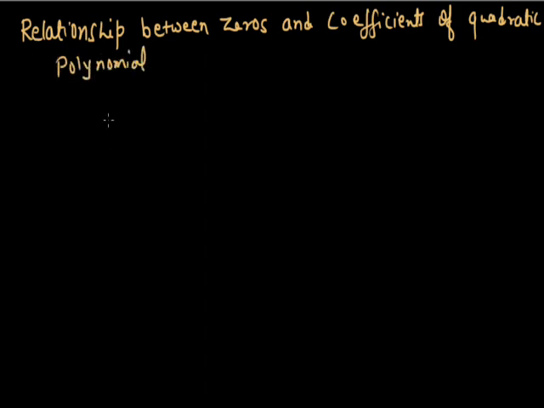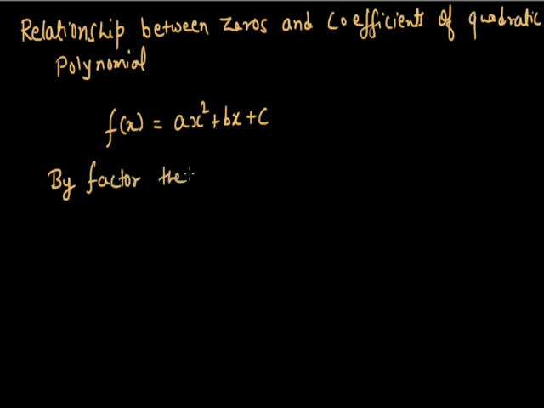Now let the quadratic polynomial be f(x) = ax² + bx + c. By factor theorem, let (x − α) and (x − β) be the factors of f(x).